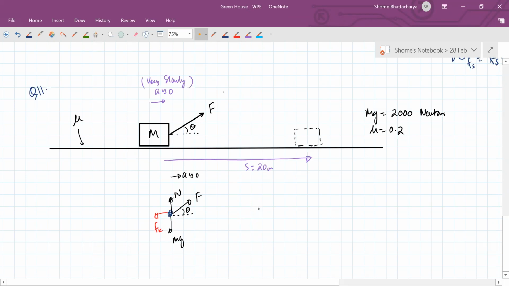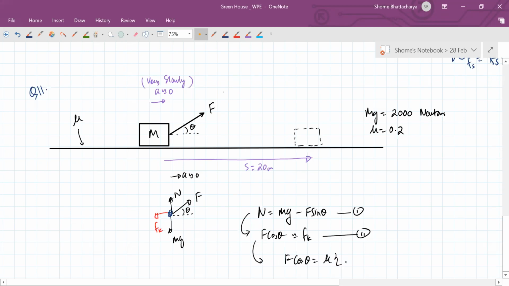So we'll have the relations that normal reaction will become mg minus F sine theta, and F cos theta will be just about equal to kinetic friction. Okay. So substitute this here, and from this you will get this relation.